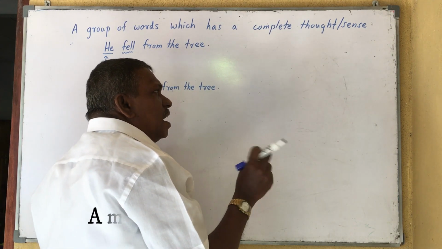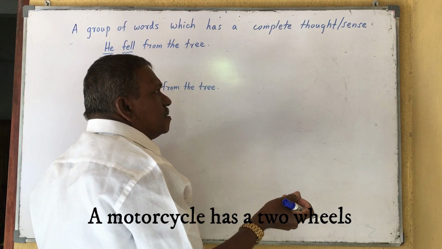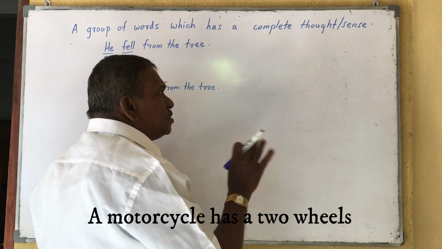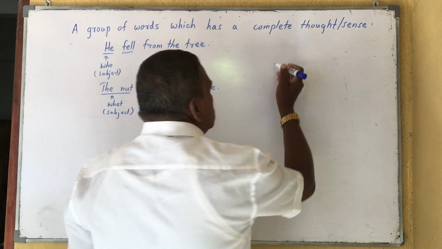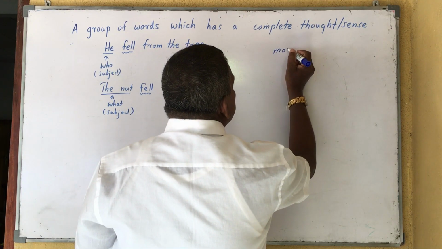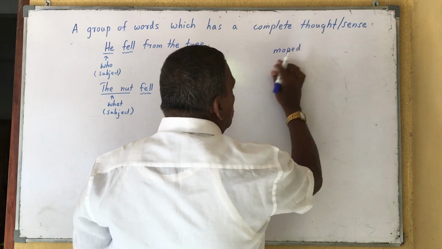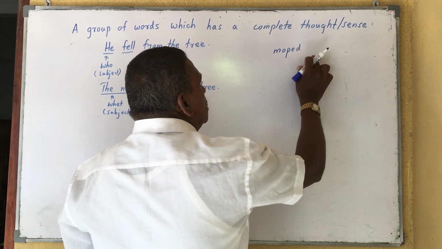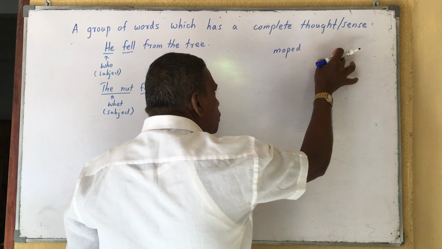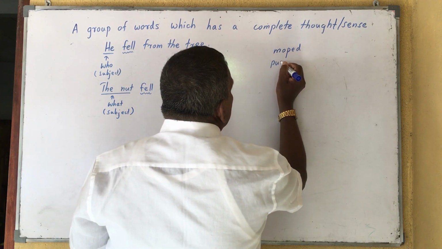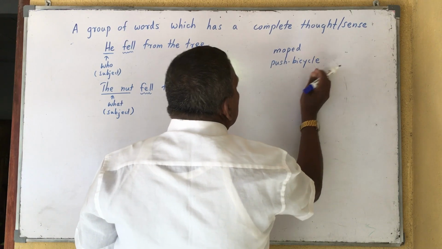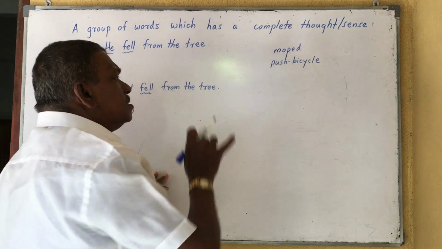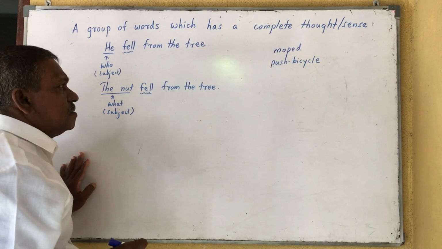A motorcycle has two wheels, but everything that has two wheels is not a motorcycle. For example, moped, low powered motorcycle, it also has only two wheels. What about push bicycle? It also has two wheels.